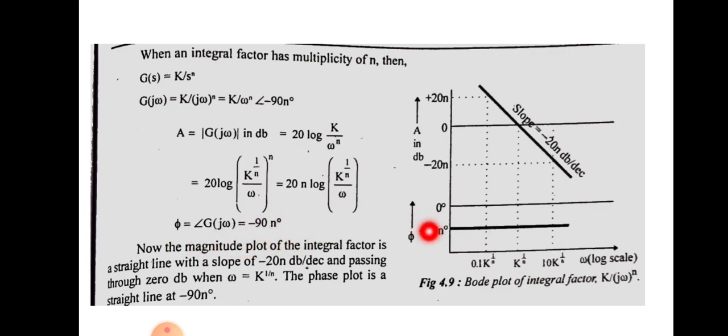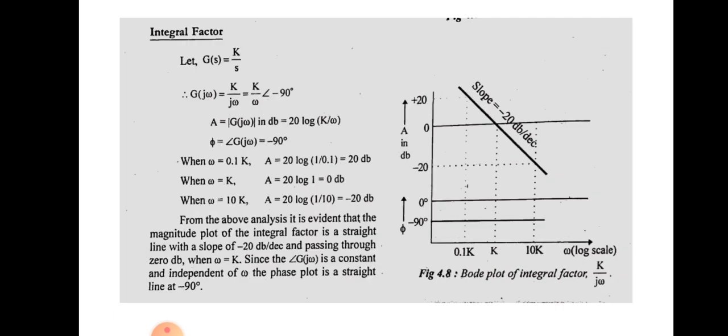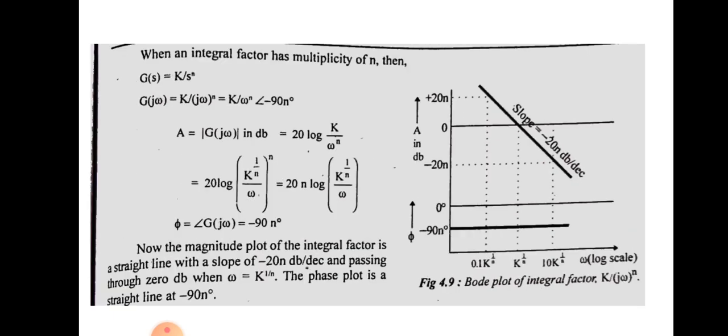You can plot different values of omega and find the value of A. So you will get a curve like this, similar to the previous one. Its slope will be minus 20 n dB per decade, and here the omega scale is different. When we put different values of omega, you will get the curve like this. Similarly, instead of 90 degrees in the previous diagram, here minus 90 into n degrees will appear as the phase angle.